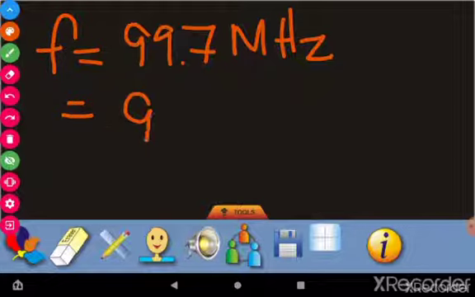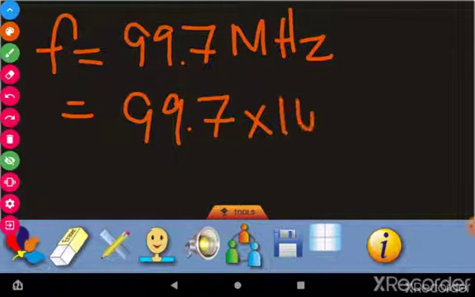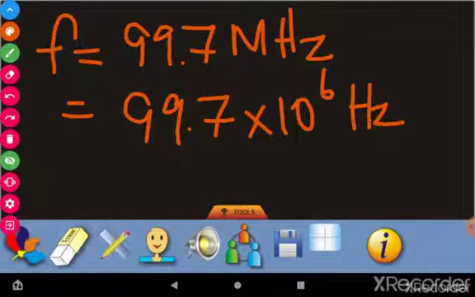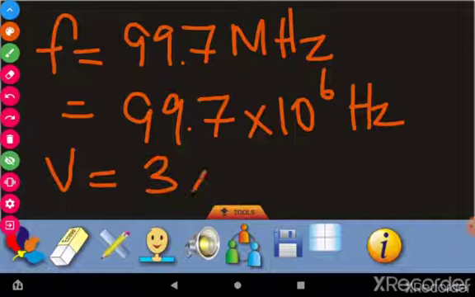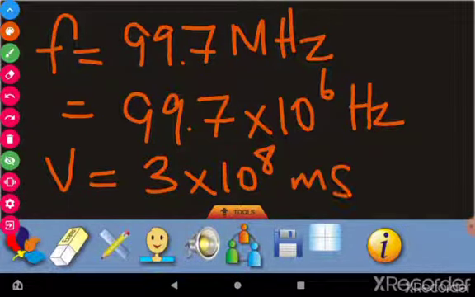So 99.7 times 10 to the 6 hertz. We have our speed, 3 times 10 to the 8 meters per second, but we don't have lambda. So lambda is what we're trying to find.